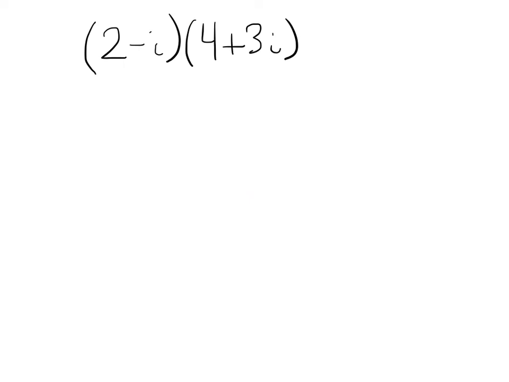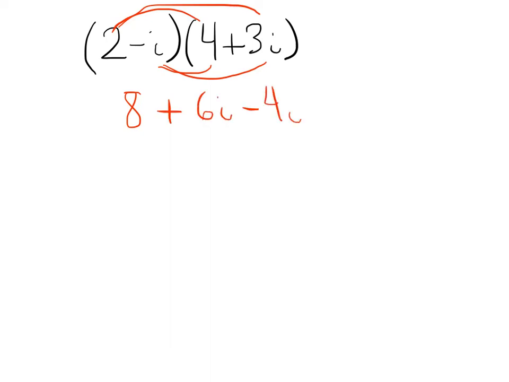When solving this problem, we're going to distribute all the terms out and multiply them out just as if it was an x. So I'm going to have 8 plus 6i minus 4i minus 3i squared. Then I can combine some like terms: 8 plus 2i minus 3i squared.